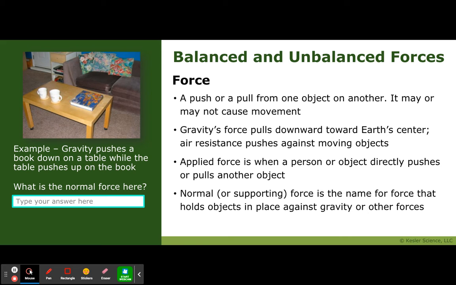The normal or supporting force is the name of the force that holds the object in place against gravity or other forces. For example, you have gravity that pushes a book down onto the table, while the table pushes up on the book. What is the normal force here? Would it be the book or the table? Write your answer here.